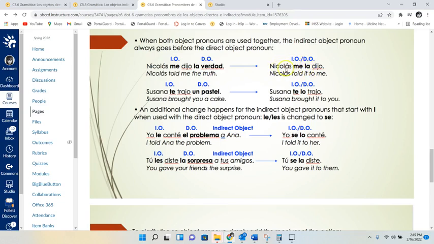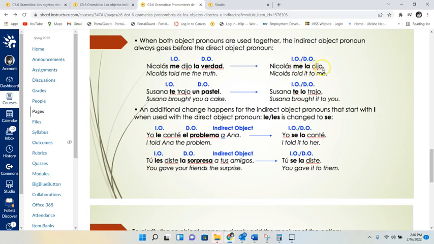But Nicolás is still doing the action of telling, so the verb dijo is conjugated to Nicolás. It's not conjugated to me. That is what I'm trying to point out. Nicolás dijo. But the me la, the indirect and the direct object pronoun, goes where?